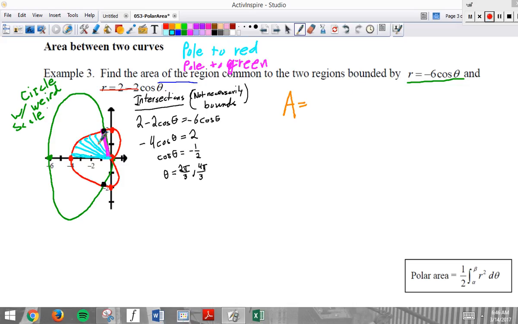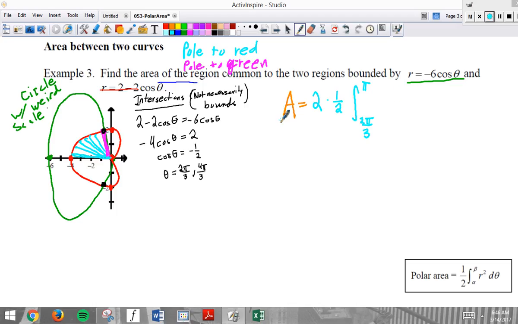Now there's going to be a symmetric half down here, right? A perfectly symmetric half. So again, it's going to be 2 times 1/2, and now I'm going to use the formula. It's going to start at 2 pi over 3. It's going to end at pi. And again, there's a huge desire for people to go all the way around. That's not right. I mean, you can. But it's a little nicer to write it like this. Trust me. You just want to do half.